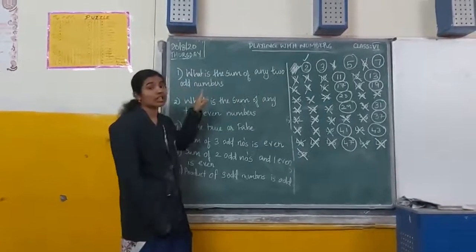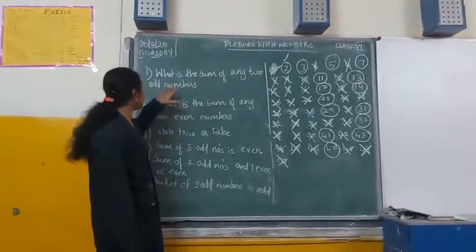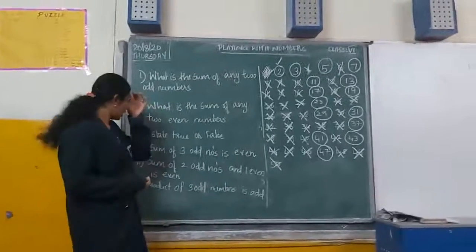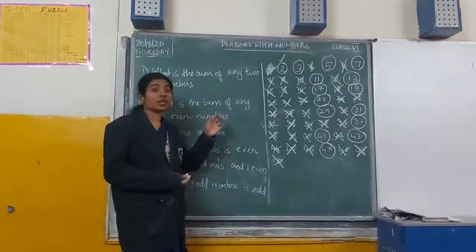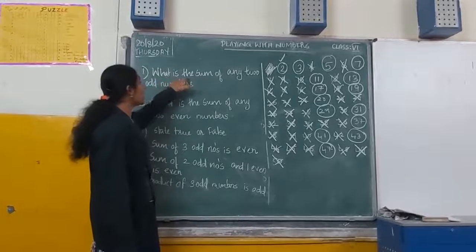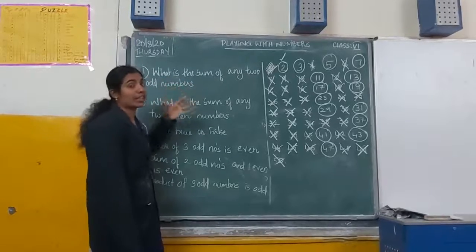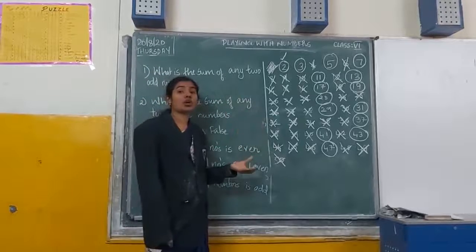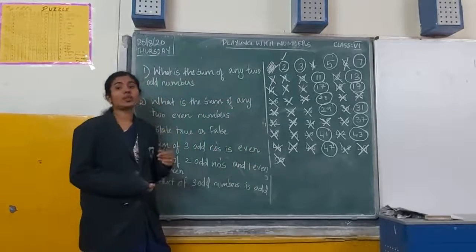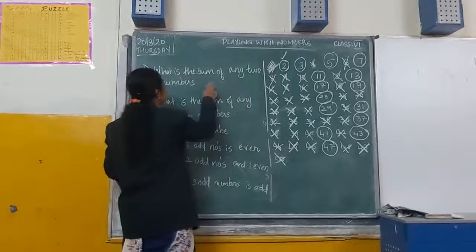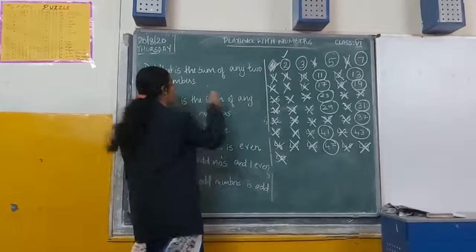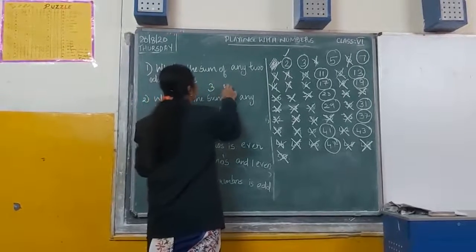The first question. What is the sum of any two odd numbers? You have studied about even numbers and odd numbers. When you are taking the sum of any two odd numbers, which answer will you get? For example, take two odd numbers, 3 and 5.